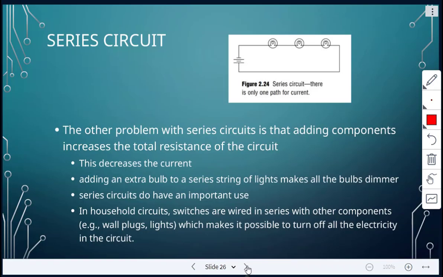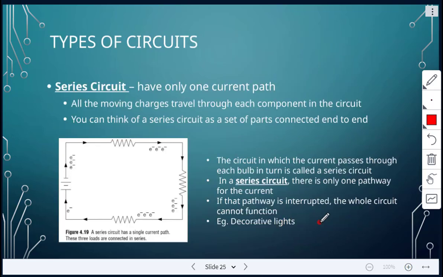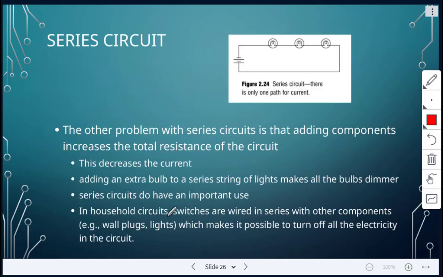So one problem was that the whole circuit can't function if the pathway is interrupted. Another is that if you add more components, it increases the total resistance of the circuit, so it's going to decrease the current. If you add an extra bulb to a series string of lights, it's going to make all the bulbs dimmer.